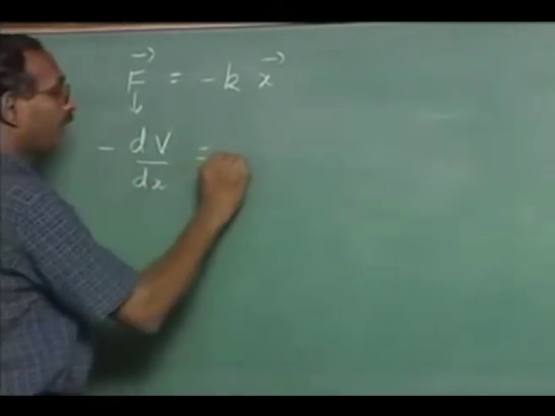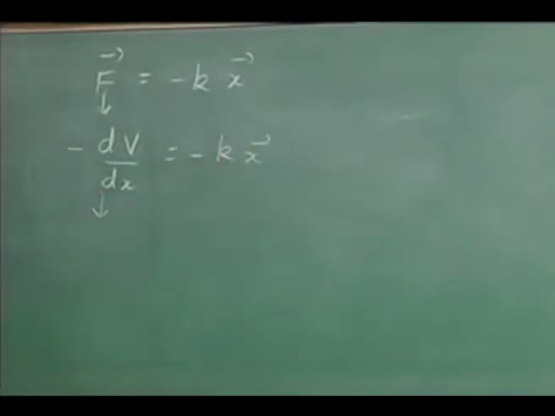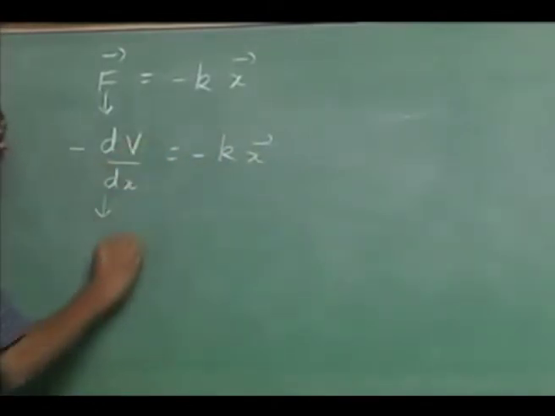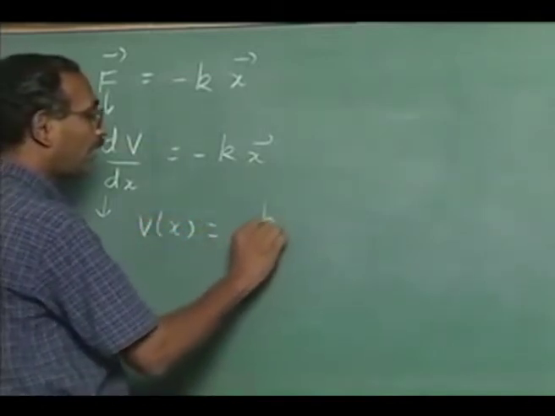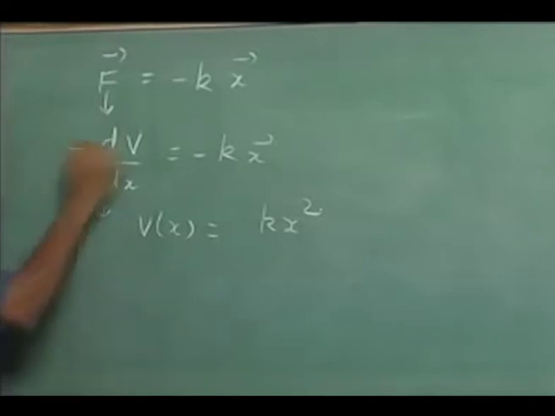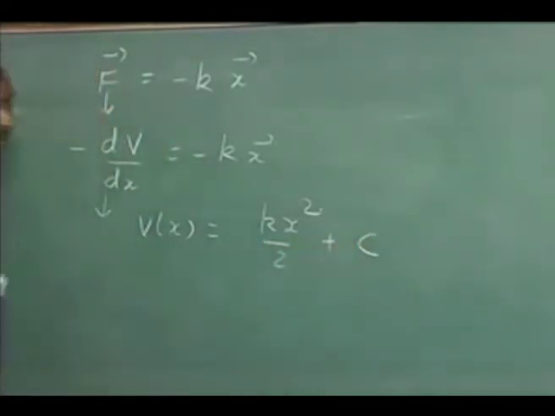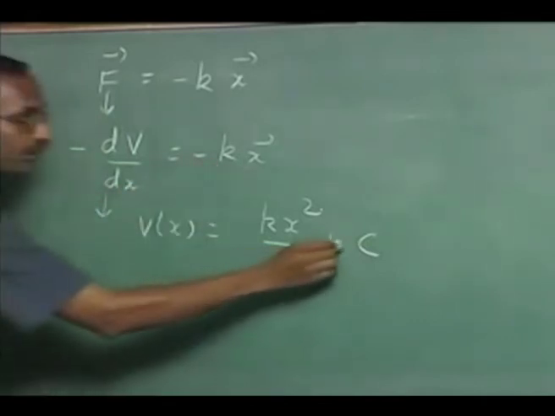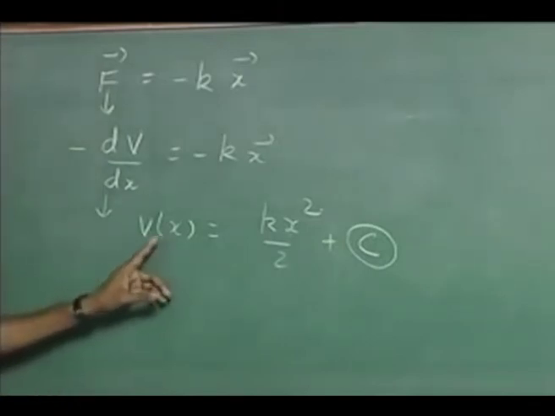Integrating this gives V of x equal to kx square by 2, the minus sign cancels off, plus a constant. The constant refers to the value of the potential when the displacement is 0.